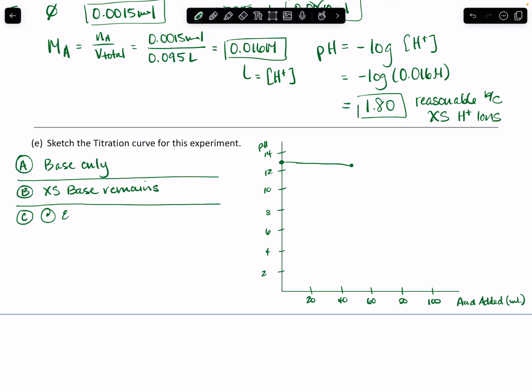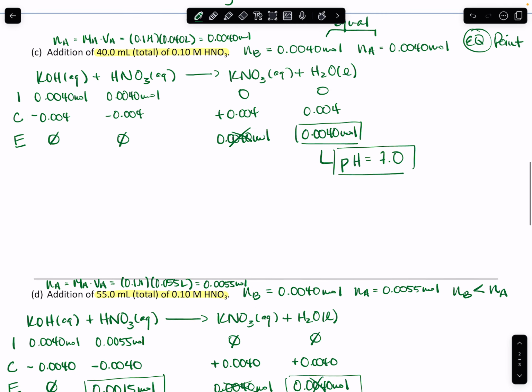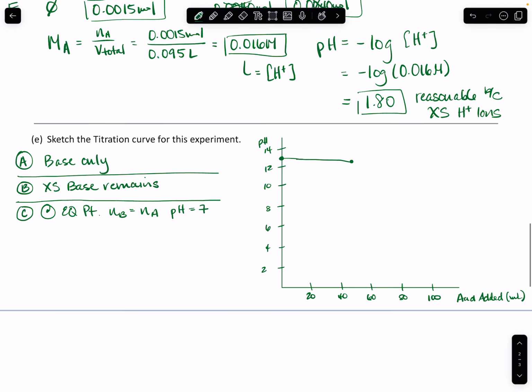C, at the equivalence point, moles of base equals moles of acid. pH equals 7. That was after the addition of a total of 40 plus 40, 80. So we're here, and there's 7.